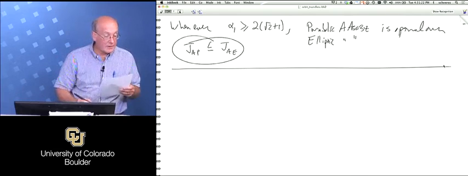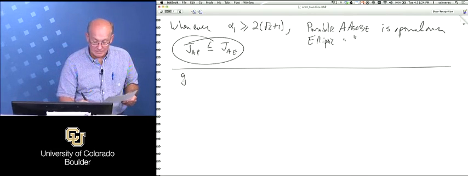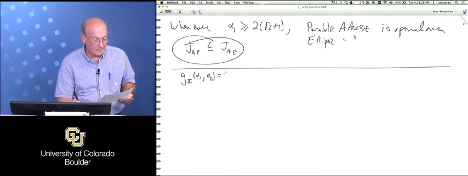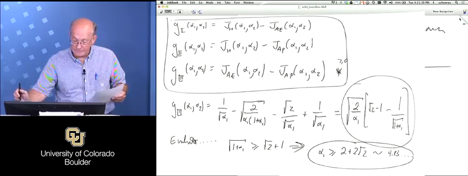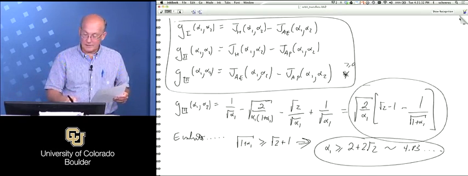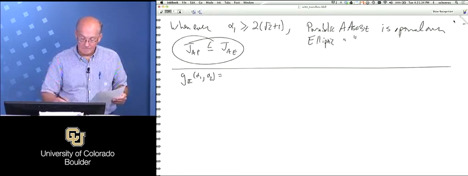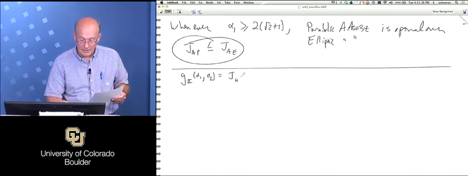So next, let's look at G2 of alpha 1, alpha 2, and I believe, yeah, this is JH minus J aero-assist parabolic option.